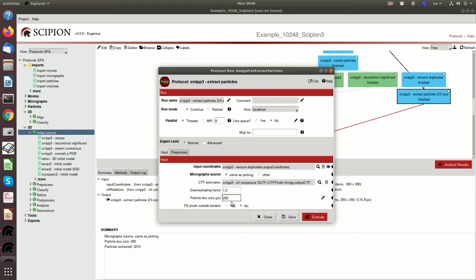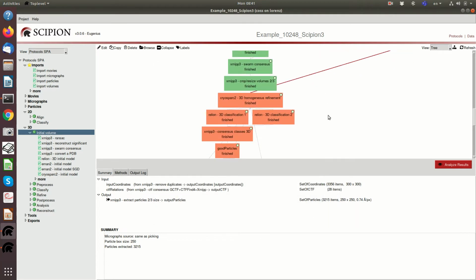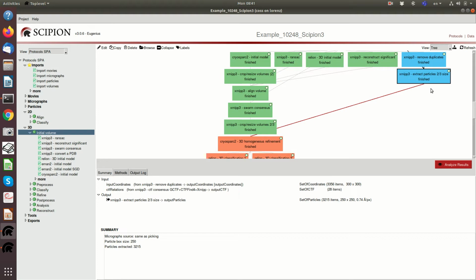So the longer the delocalization of the information caused by the PSF, the bigger your box size should be, so that you can collect all that delocalized information and put it back into the 3D structure. That is why I have chosen 250. Anyway, in this particular case we will not reach extremely high resolution.